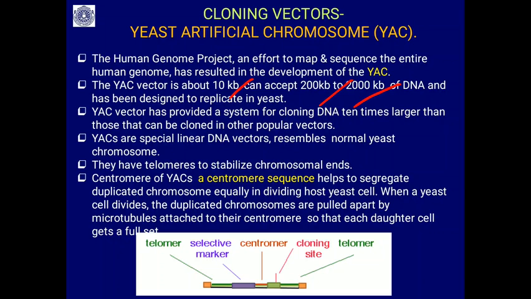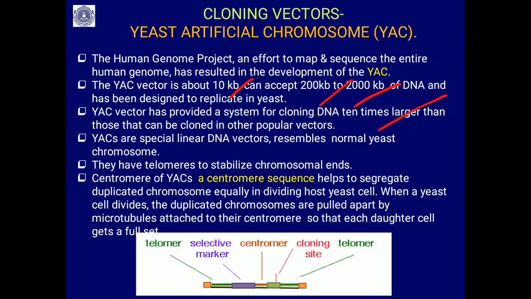So the YAC vector has provided a system for cloning DNA 10 times larger than those that can be cloned in other popular vectors like cosmids, plasmids and other vectors. This YAC, or yeast artificial chromosome, is a special linear DNA vector that resembles a normal yeast chromosome. It has the features of a normal yeast chromosome.